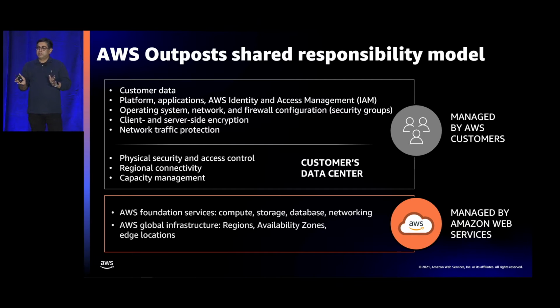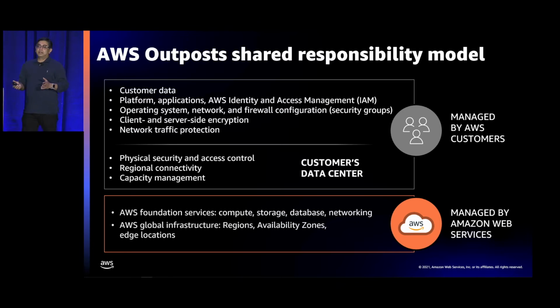The thing that is slightly different on the Outpost is that we are now putting a piece of AWS in your data center. So that requires the customers to be responsible for the physical security of the asset. In that case, you want to make sure that you are controlling who has access to the rack and making sure that it's physically secure.